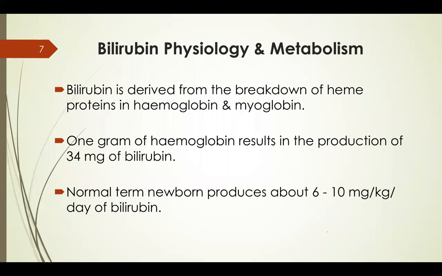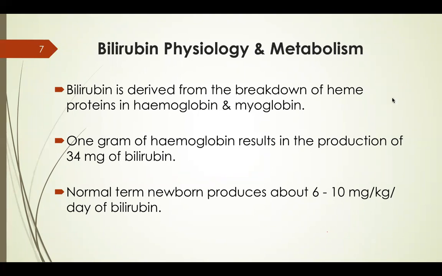Okay, bilirubin physiology and metabolism. Bilirubin is derived from the breakdown of heme, which is the protein in hemoglobin and myoglobin. Every 1 gram of hemoglobin results in production of 34 milligram of bilirubin, and production of bilirubin in a normal baby is 6 to 10 milligram per kg per day.